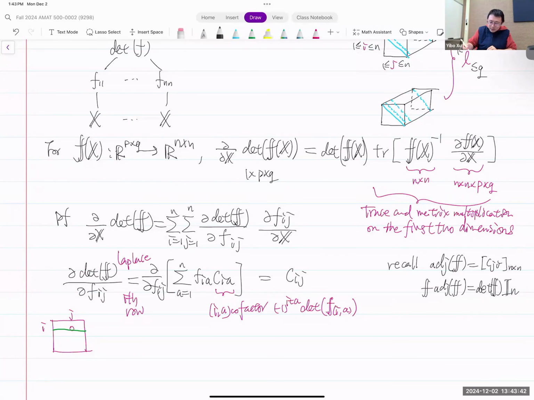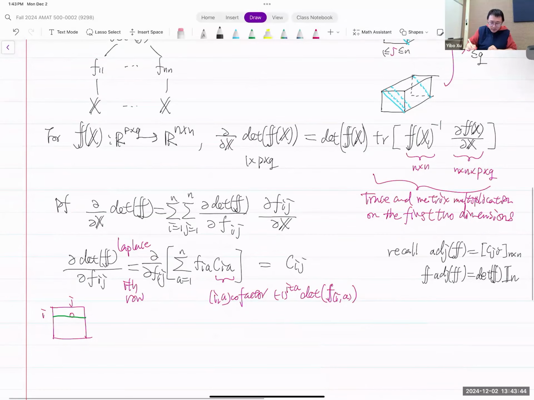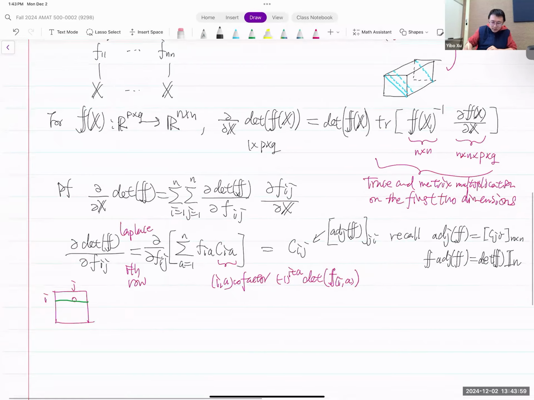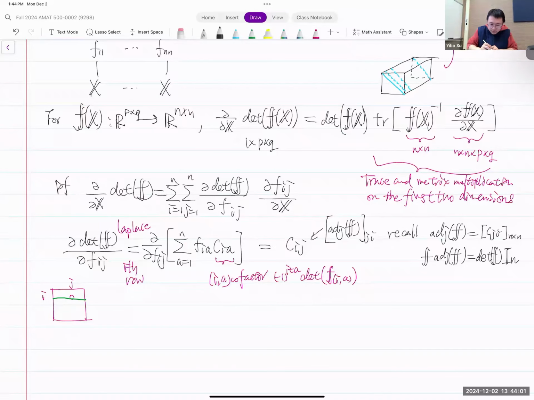So this is the aggregate matrix of F, taking the jth row, ith column element. All right, so now we calculated this part.